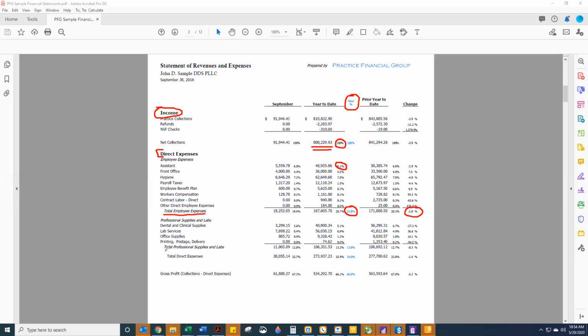The second category in direct expenses is your supplies and labs. These are two really, really important categories on your financial statements. The biggest reason is because normally these are your biggest costs, right? Your employees and your supplies and labs.